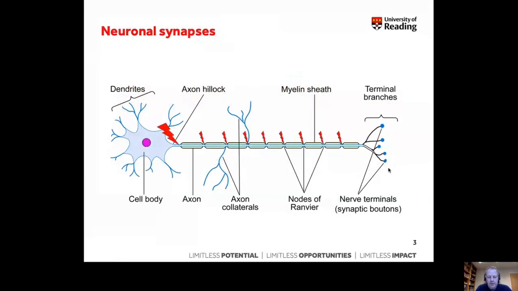Okay, this is a placeholder slide that I've shown you before. We talked previously about how the nerve action potential was generated, how it propagates down the axon, the importance to some extent of these nodes of Ranvier. We'll talk about these probably later on in the course, and then how the action potential propagation into these terminal branches, these nerve terminals, is important.